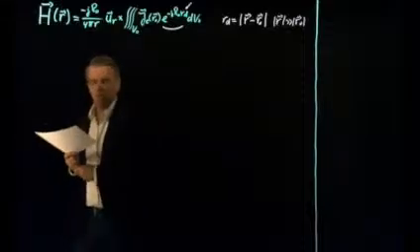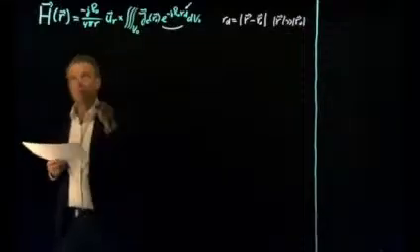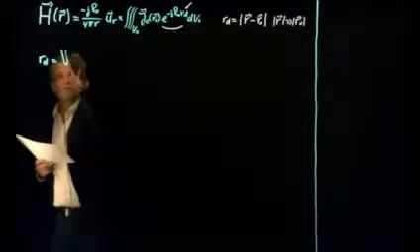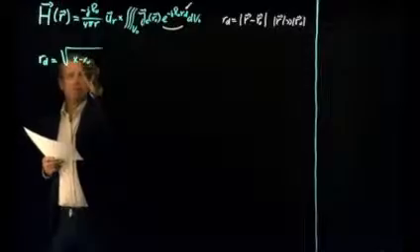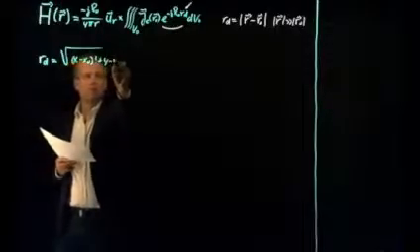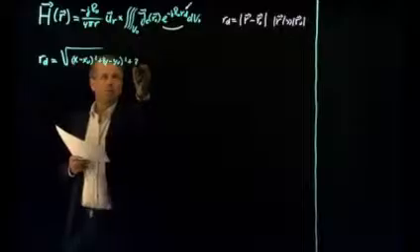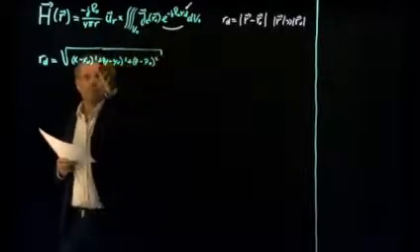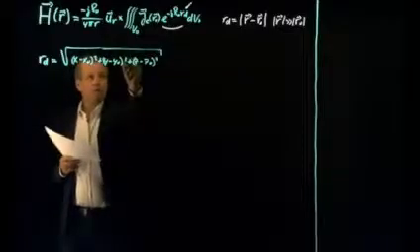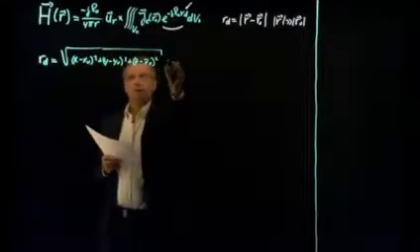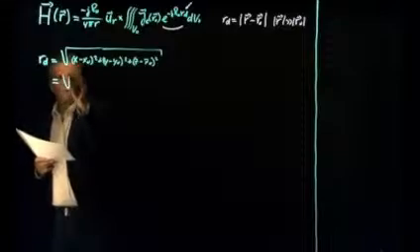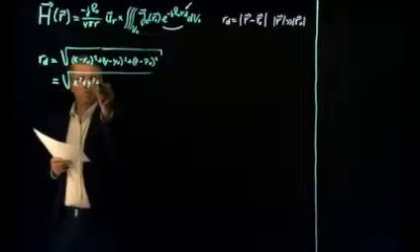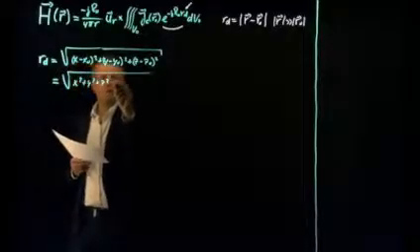Now, let's have a closer look at RD. So RD can be written as the square root of x minus x naught squared plus y minus y naught squared plus z minus z naught squared, the square root. And we can rewrite that in this form where we have x squared plus y squared plus z squared. So this is already r squared.